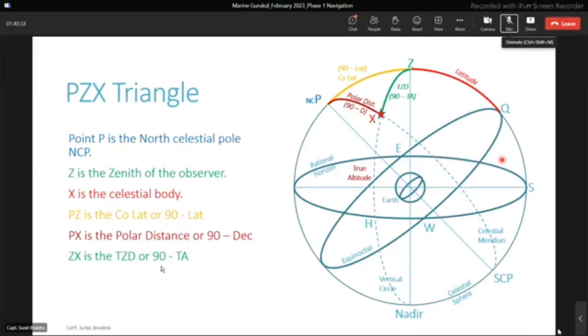So beta, can we move on to the making of the rational horizon diagram now? Just one doubt. Declination also will be QX, right? Declination will not be QX, beta.